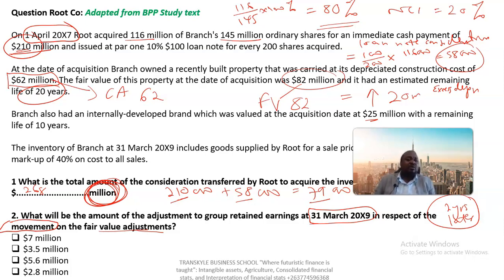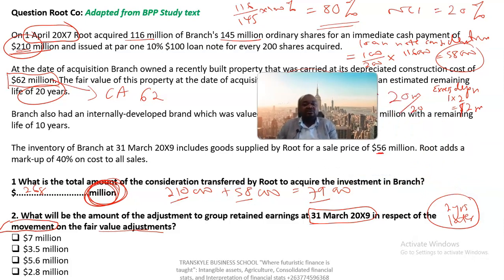How much was being charged? It was 20 million over 20 years. That means 1 million every year of depreciation, times the number of years to date, which is 2 years. So the depreciation charge should be 2 million.